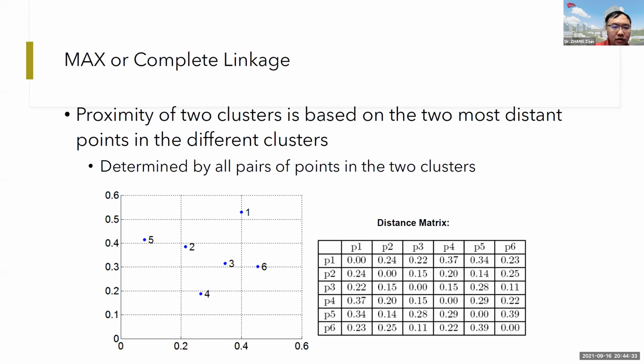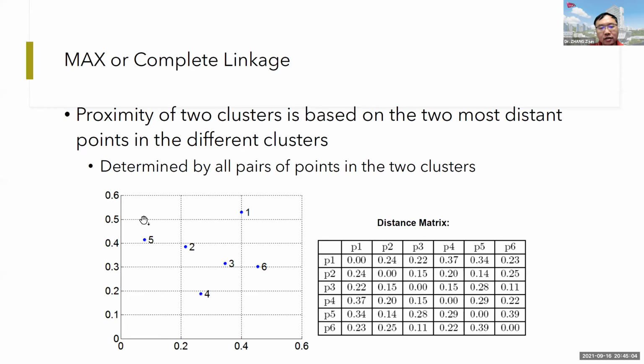The overall logic of the complete linkage is similar to the single linkage, but you just replace the proximity computation from taking the minimum to taking the maximum. You determine the farthest distance between 2 data points in 2 clusters.